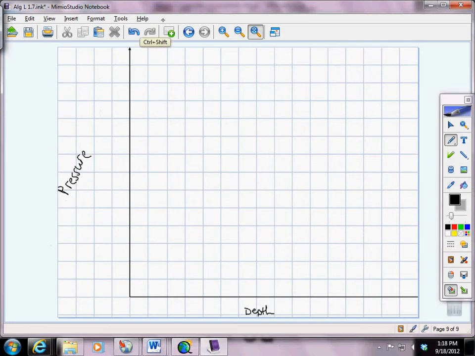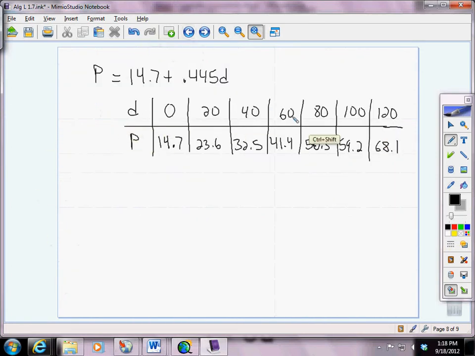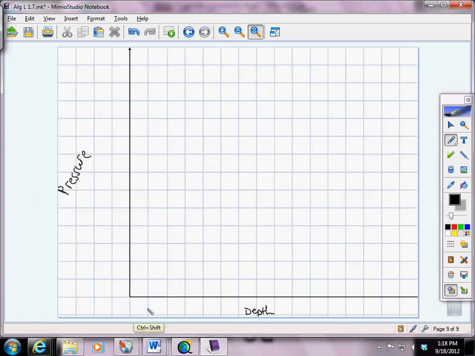So remember from our input-output table, we went from 0 to 120. So maybe we can go 20, 40, I wonder, 10, 20, 30, 40, 50, 60, 70, 80. Never mind. Let's try this again. Let's go 10, 20, 30, 40, 50, 60, 70, 80, 90, 100, 110, and 120.